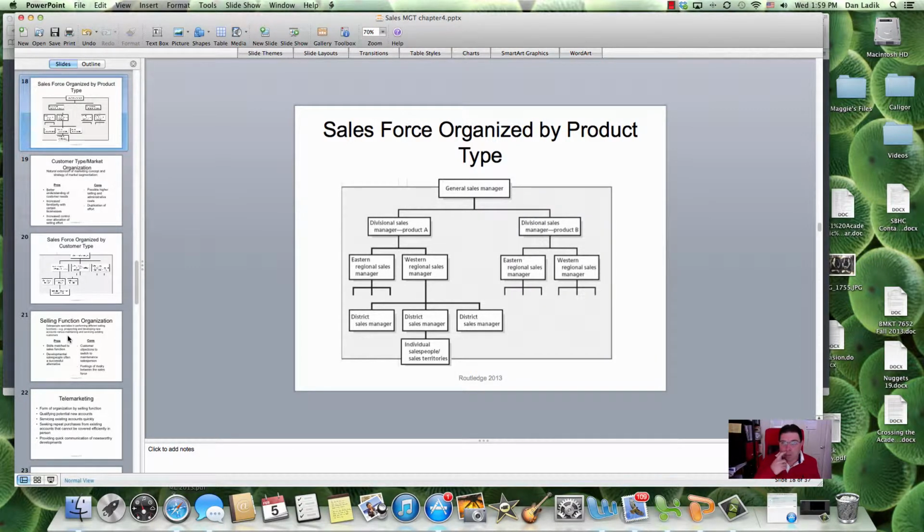So here's a product organization. So here we have a sales manager for product A. We have a sales manager for product B. Well, product B has Eastern and Western. Product A has Eastern and Western. So there's a company salesperson in the Eastern region, and there's districts, and you could have multiple salespeople of the same company.